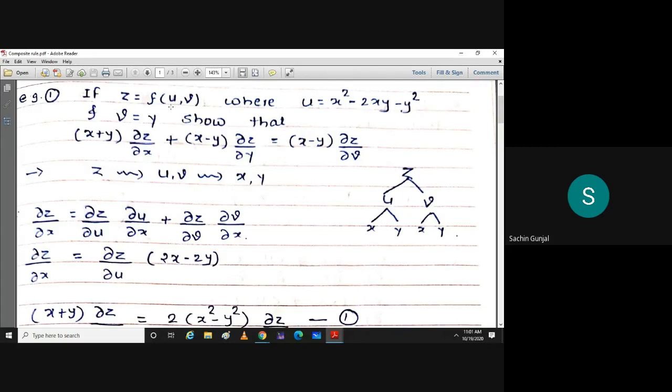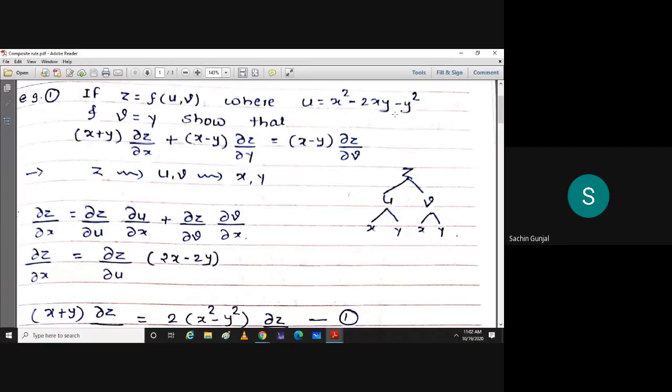Now you just find those derivatives. So ∂z/∂x is equal to ∂z/∂u as it is, times u with respect to x. So here is your u function. Differentiate it with respect to x. What is it? 2x minus 2y.